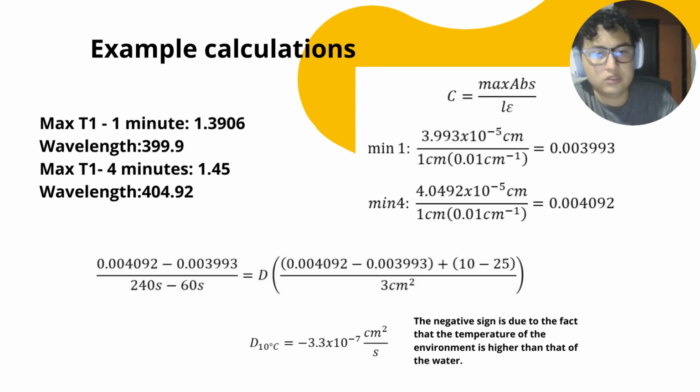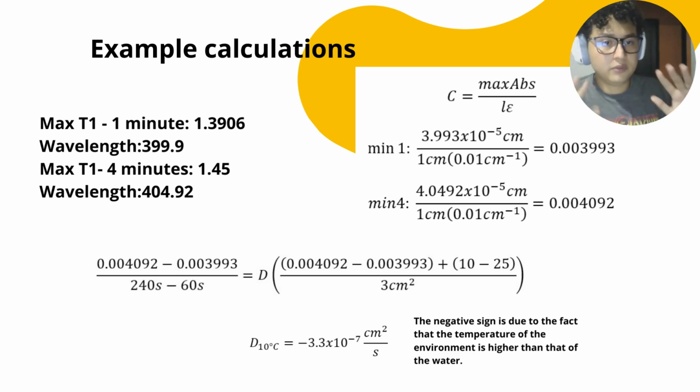And finally, we just have to use the Soret equation to replace these values, adjust the time values, which were in minutes and we need in seconds, and finally obtain the diffusivity coefficient.